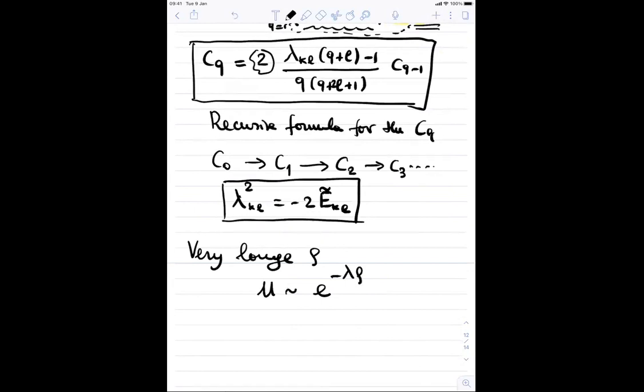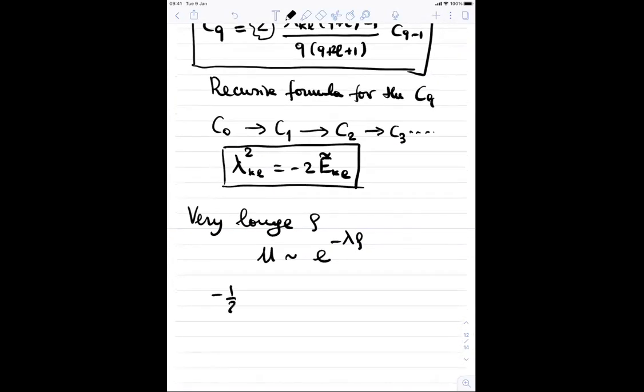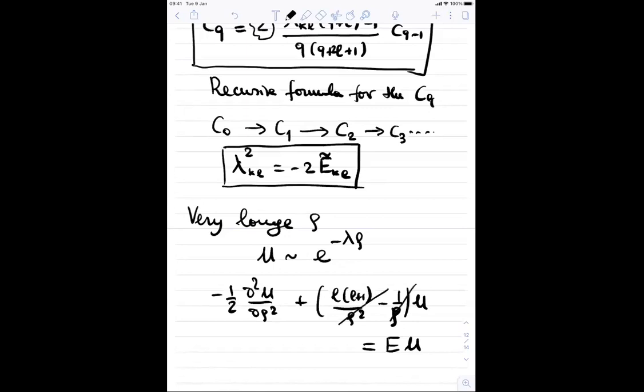So I do have minus 1/2 the second derivative of the function plus things like L plus 1 over rho square minus 1 over rho times the function. But these are smaller, much smaller than E times u. E is a constant, and these are smaller. So let me just forget about these terms and keep only E.